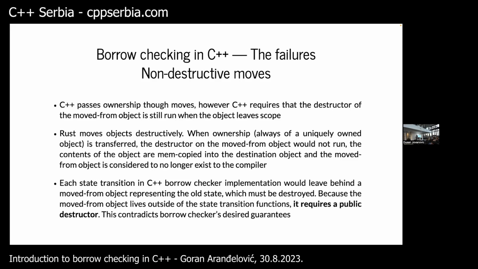I'm trying to quote the standard here. What it means to be in a valid state in this case for a moved from object is that at least you're allowed to assign something again to that variable.